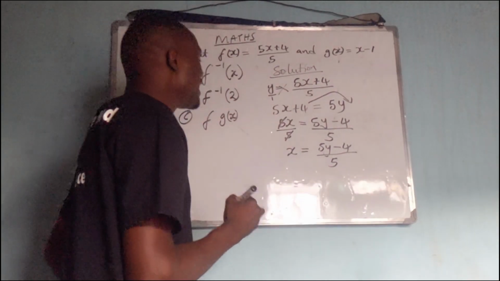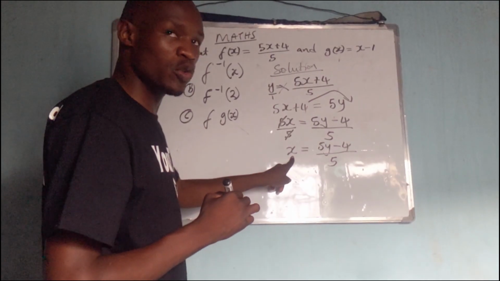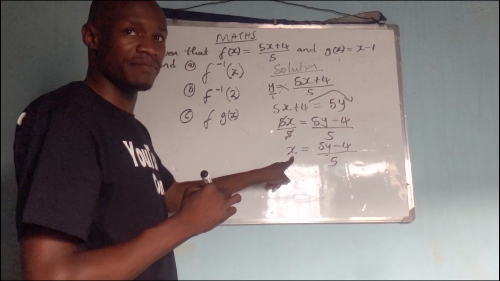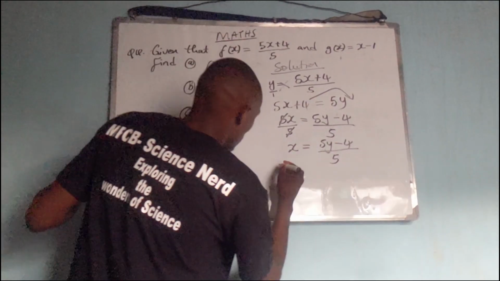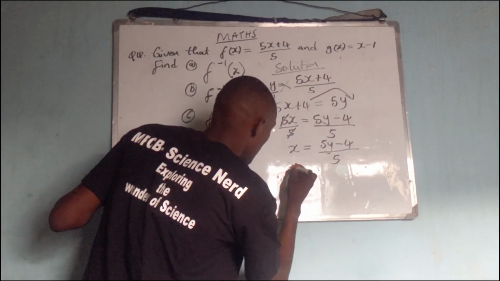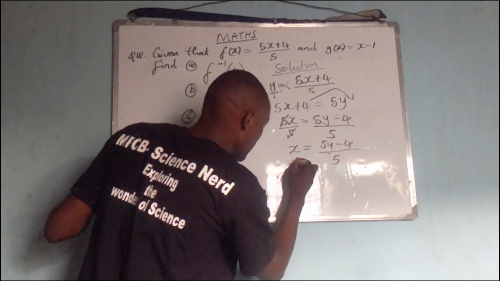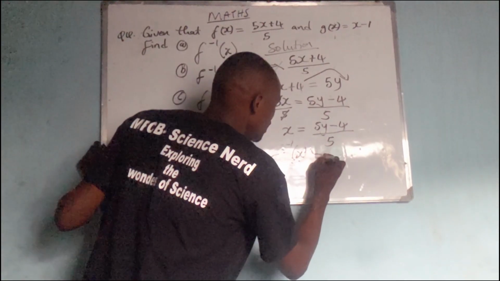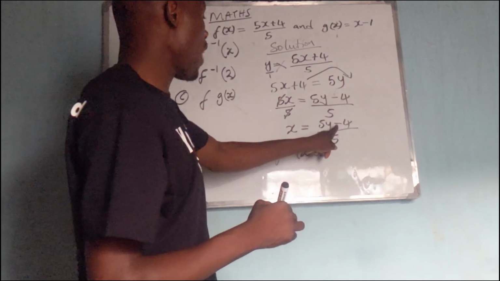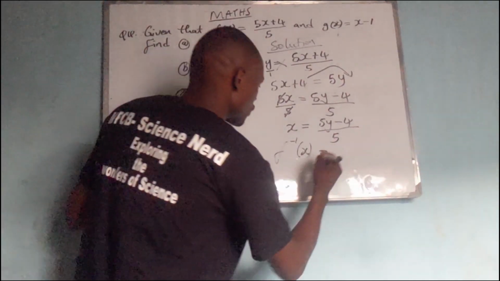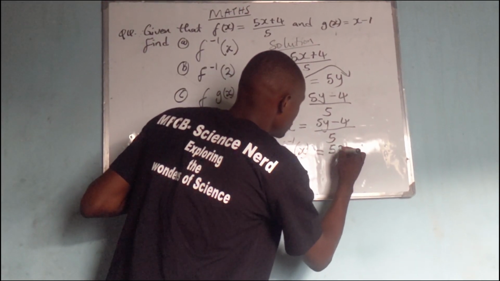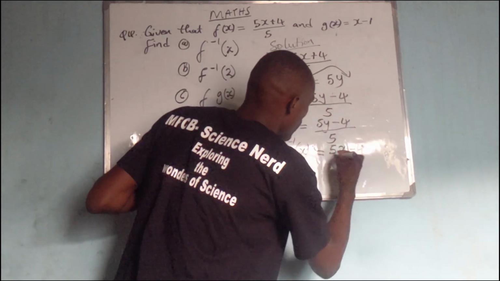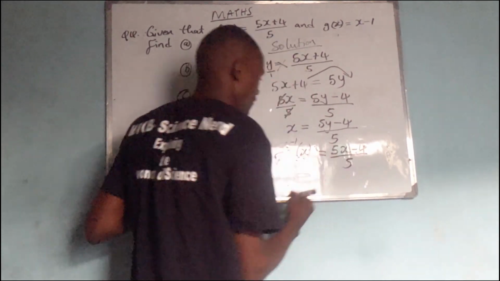From there, let x be equal to the inverse of the function. Since we are replacing the x by the inverse of the function, it will be like this, which is equal to, then let y be x. So we'll have 5x minus 4 over 5.